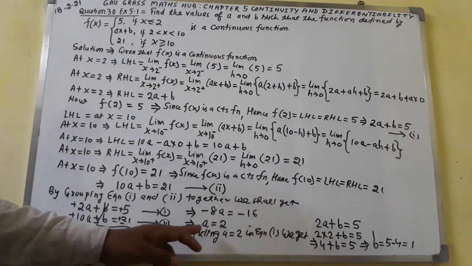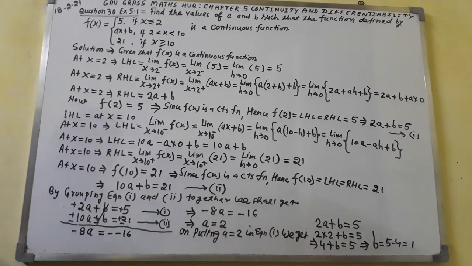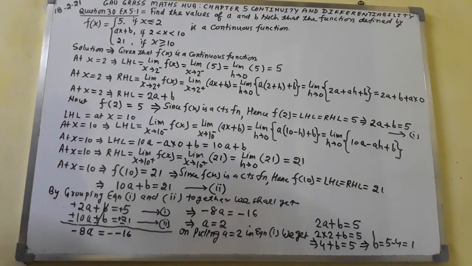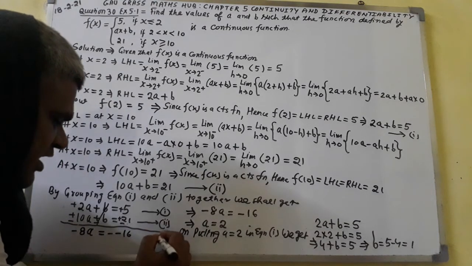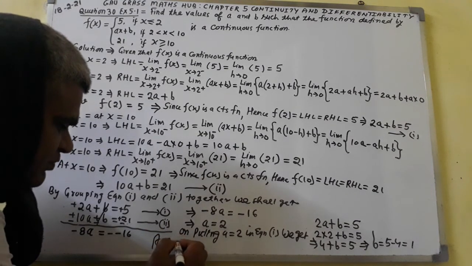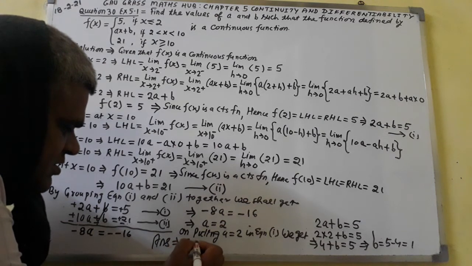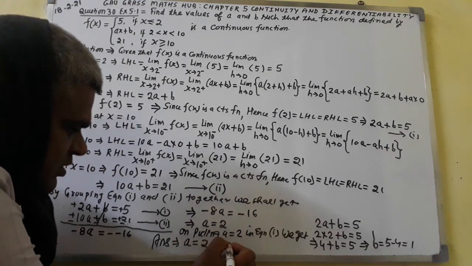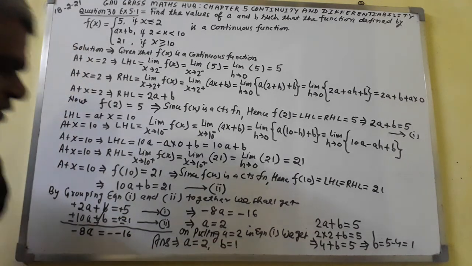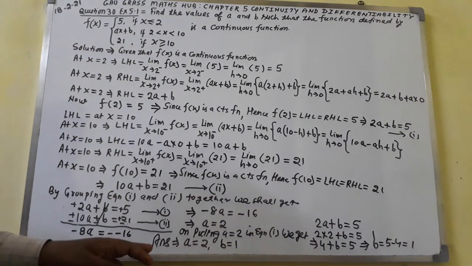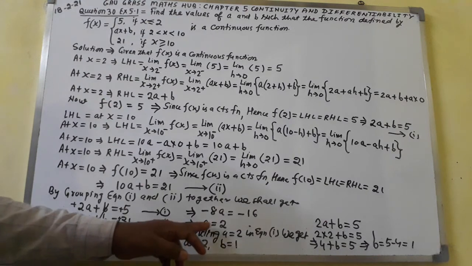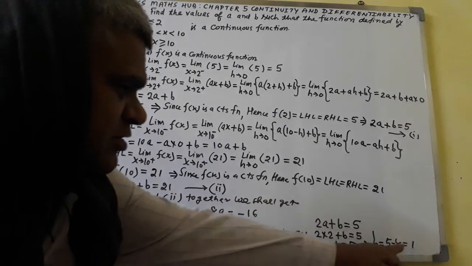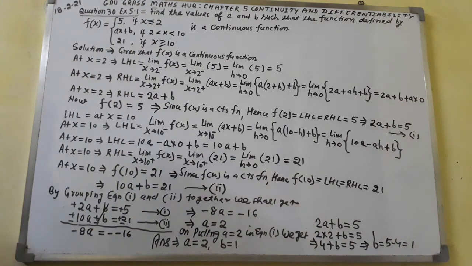So you have a equal to 2 and b equal to 1. The answer is a equal to 2, b equal to 1.